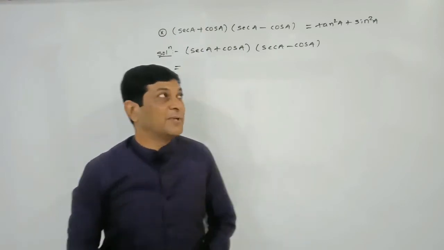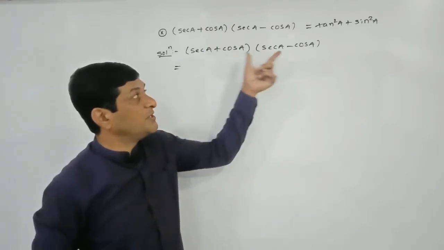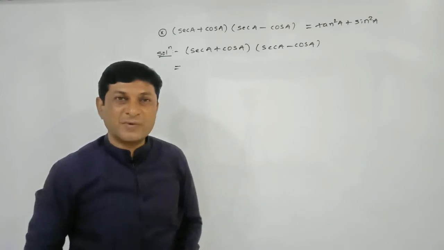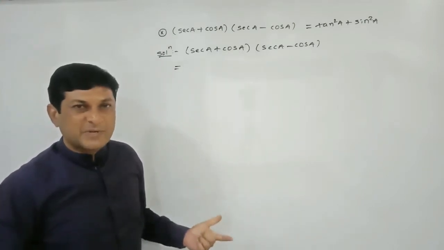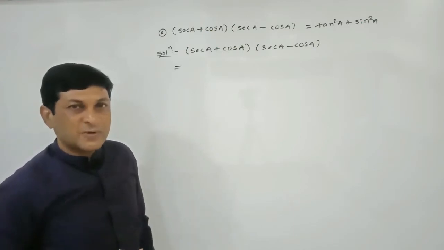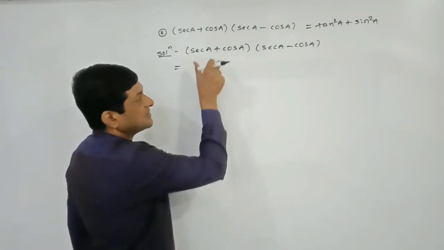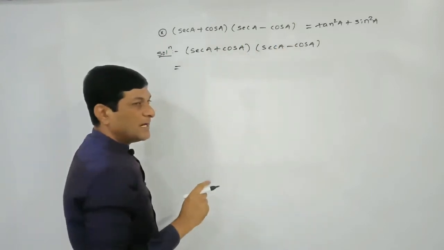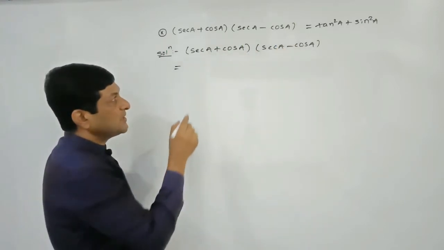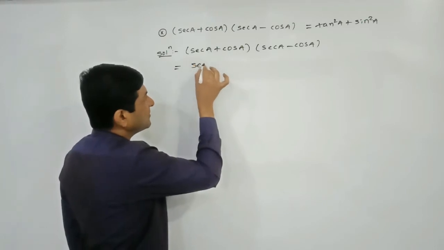Now see example number 10. In this example, we have to show that multiplication of these two brackets will be equal to tan square A plus sine square A. Now, easily by simplifying this, we are able to get our required result. If you observe the terms here, it is in the form of A plus B into A minus B. And according to the identity, A plus B into A minus B will be equal to A square minus B square. What is A here?